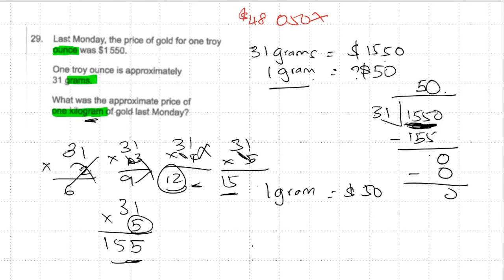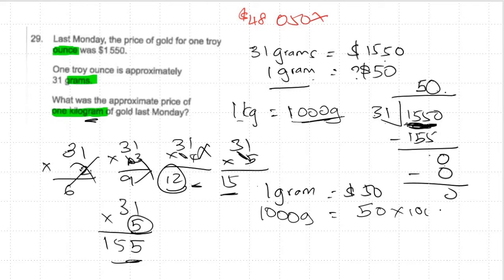how much is it? 1 gram already costs $50. So 1 kilogram equals 1,000 gram. I know 1 gram costs this, and now I want to know 1,000 gram costs how much. 1,000 gram costs 50 times 1000.